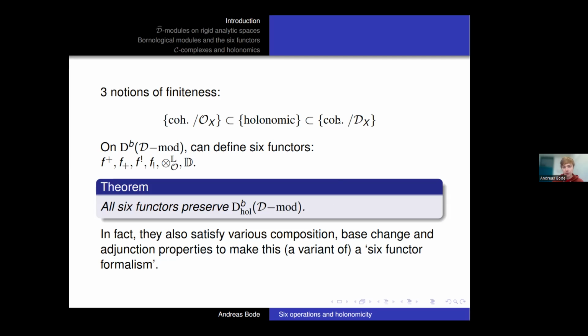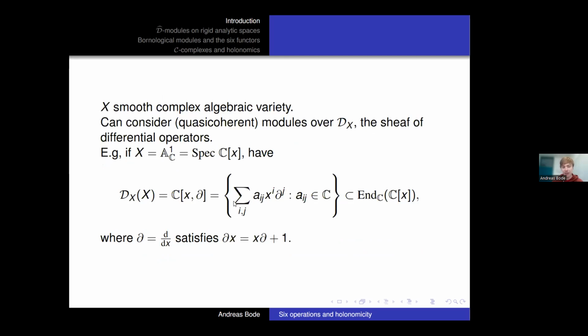I could say I consider coherent D modules, so things that are locally finitely generated or locally finitely presented over this ring D, right? If we look back to our basic example of the Weyl algebra here, this is literally just saying I want it to be finitely generated over this Noetherian ring.